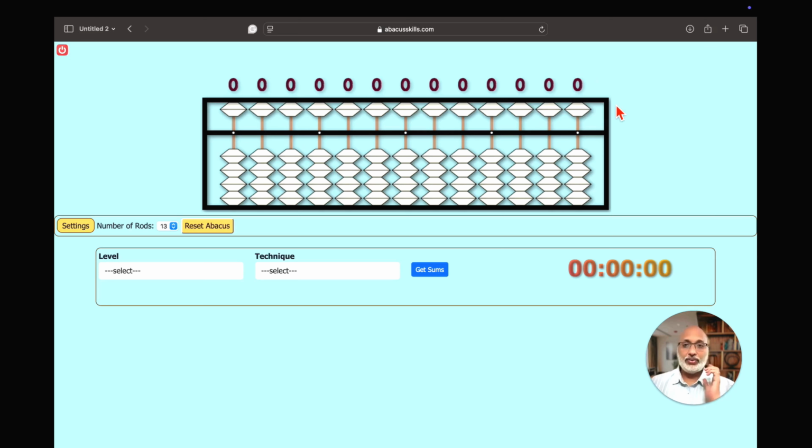Okay. Now if you observe, I am moving a heaven bead. What is the value of the heaven bead? 5. Now I am moving one earth bead as well. So 5 plus 1, 6. I moved one more bead. 7, 8, 9.